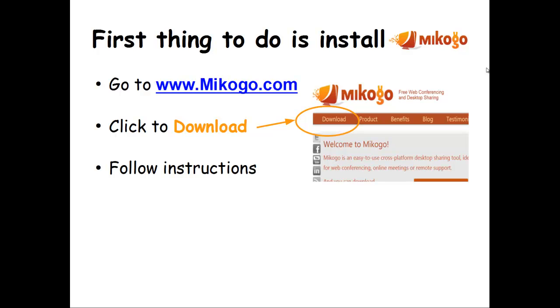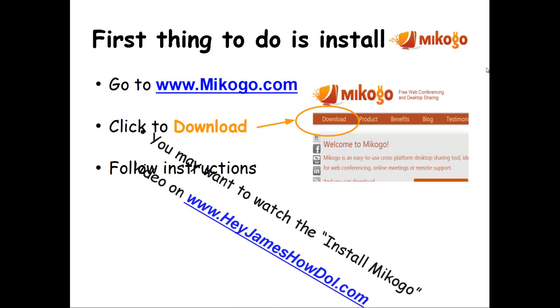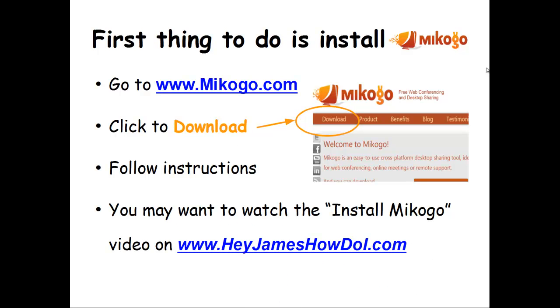And it's pretty easy. But if you're very new to computing and you'd like to be held just a little bit more, well, we've got an install Mikogo video on heyjameshowdoi.com, and you just follow that along and it's all done for you. Brilliant. So that's got Mikogo installed.